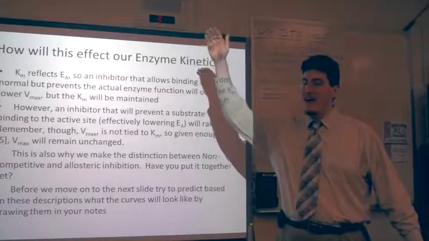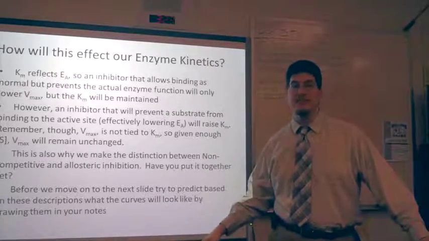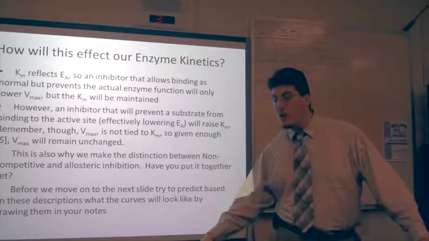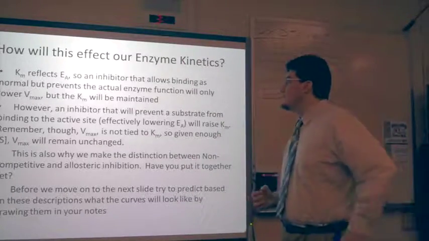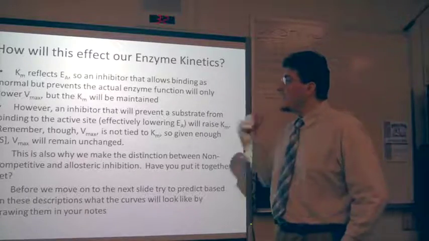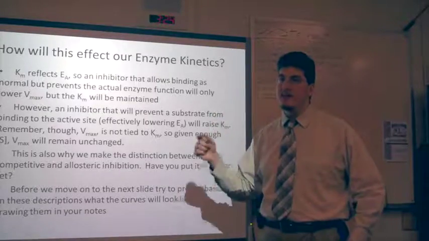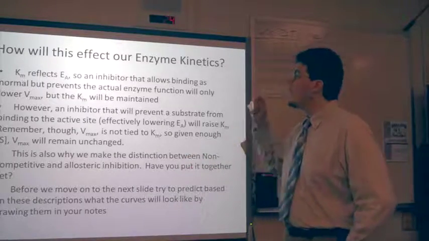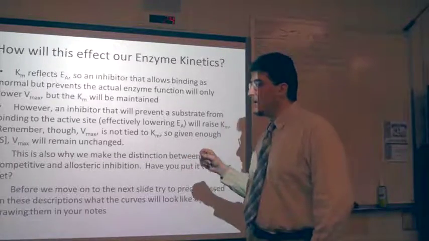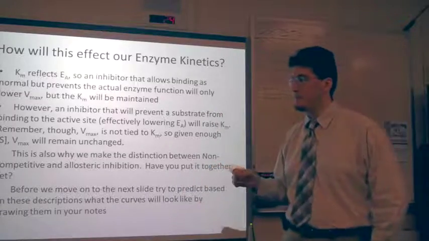A high Km means a low enzyme affinity. A low Km means a high enzyme affinity. So an inhibitor that prevents enzyme-substrate binding lowers enzyme affinity, raising Km.